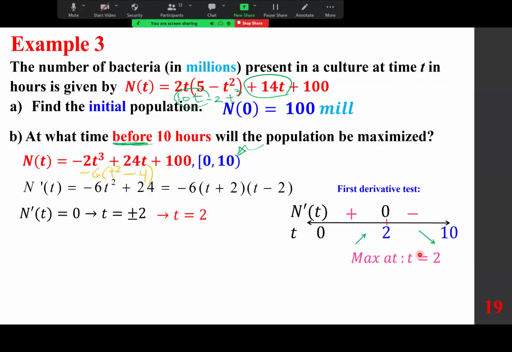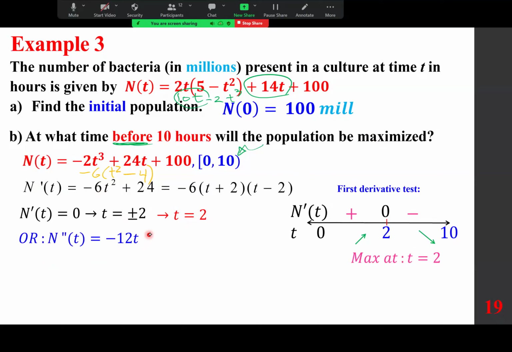However, if you don't want to do the sign graph, the second derivative test makes it easier. Here's n prime. What is n double prime? Negative 12t. The second derivative test says, plug in the critical point to see whether it's negative or positive.